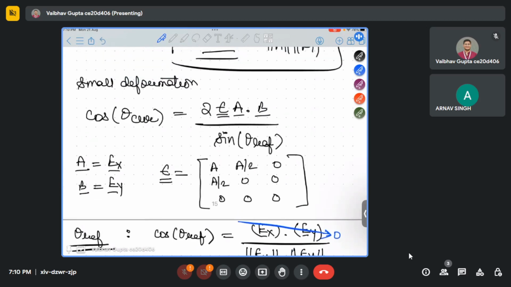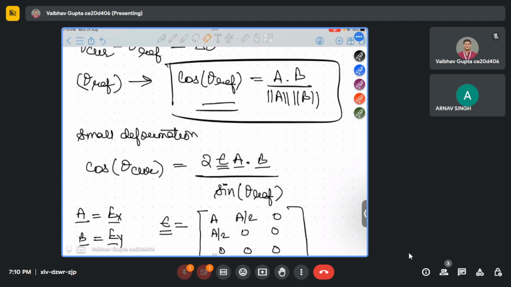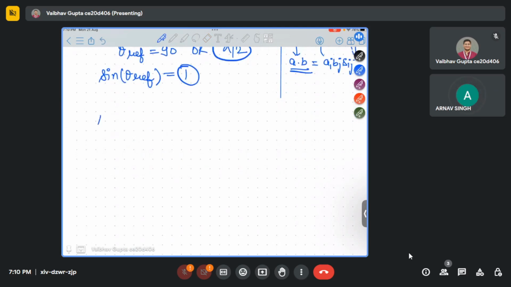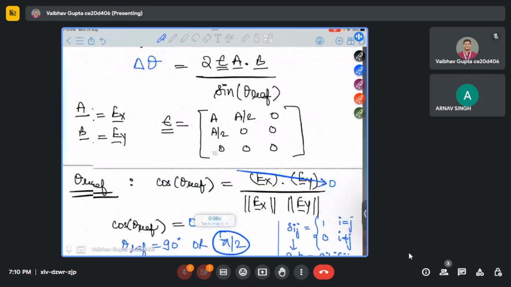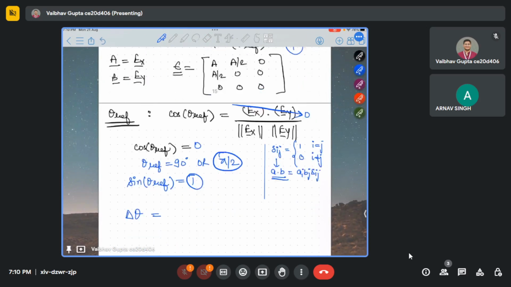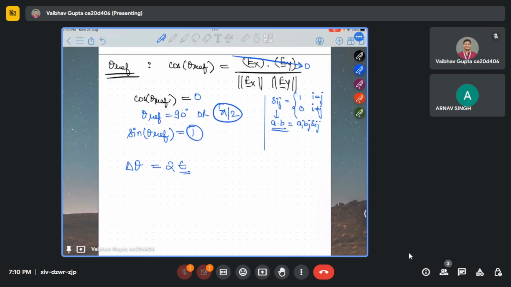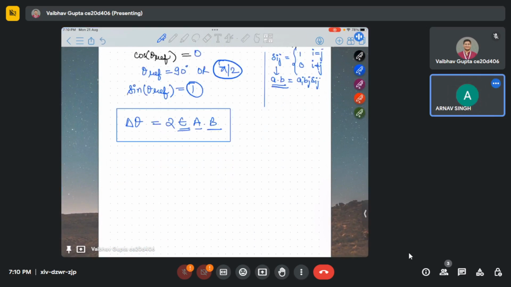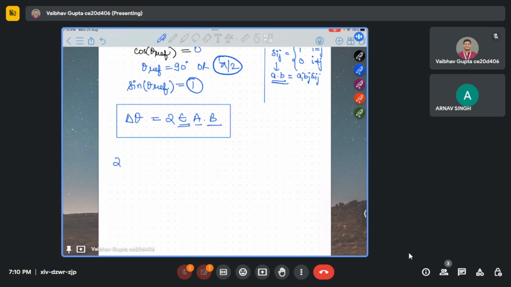This is change in angle. Sorry for the mistake. This is change in angle, delta theta only. So delta theta becomes, from this equation, with sin theta ref as 1, 2 epsilon A dotted with B. So now we'll put the values in the formula.